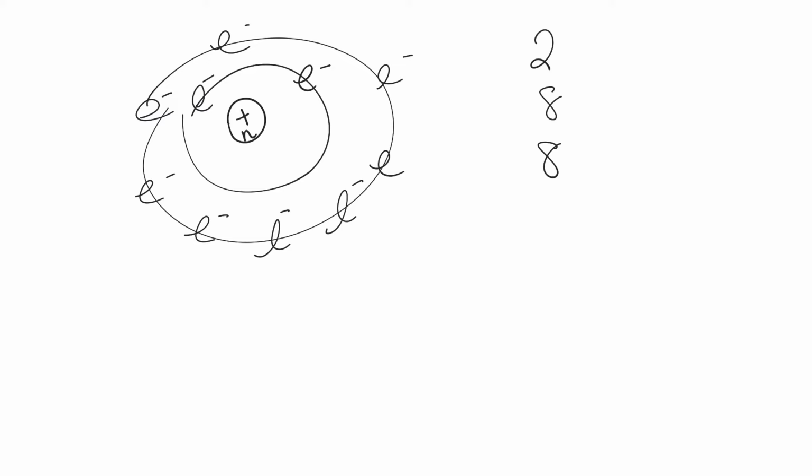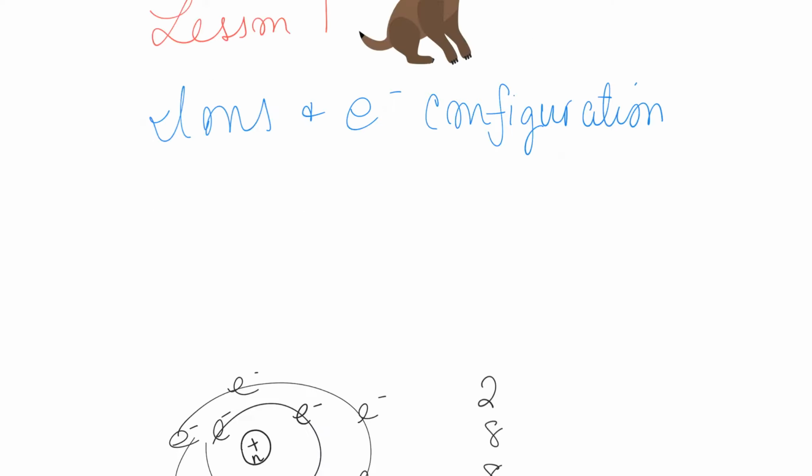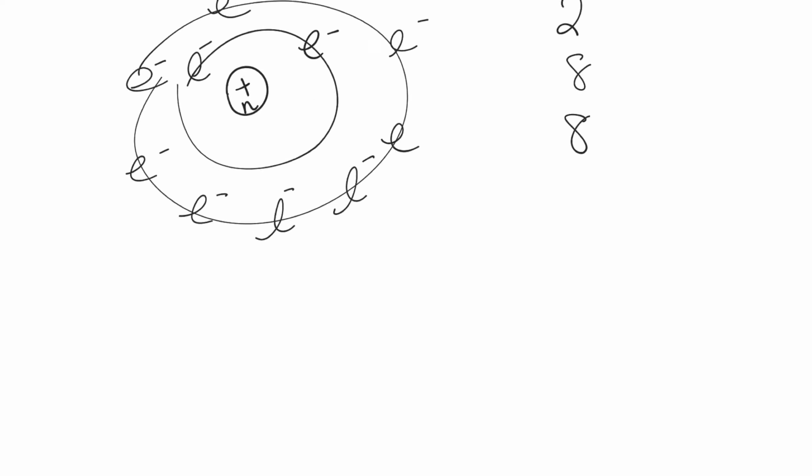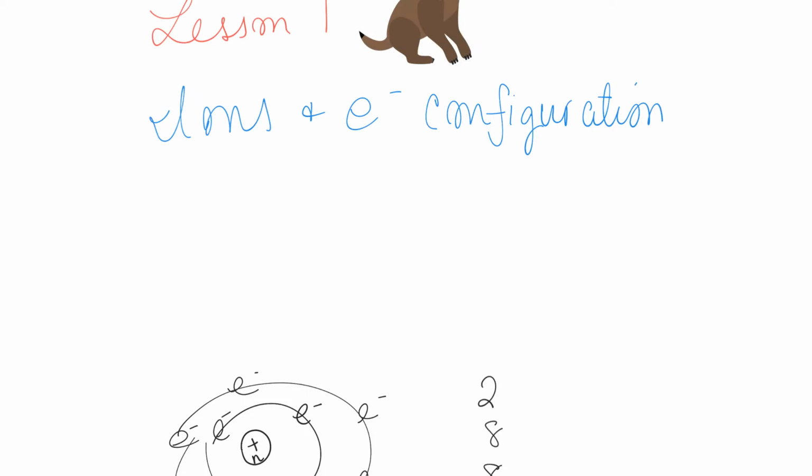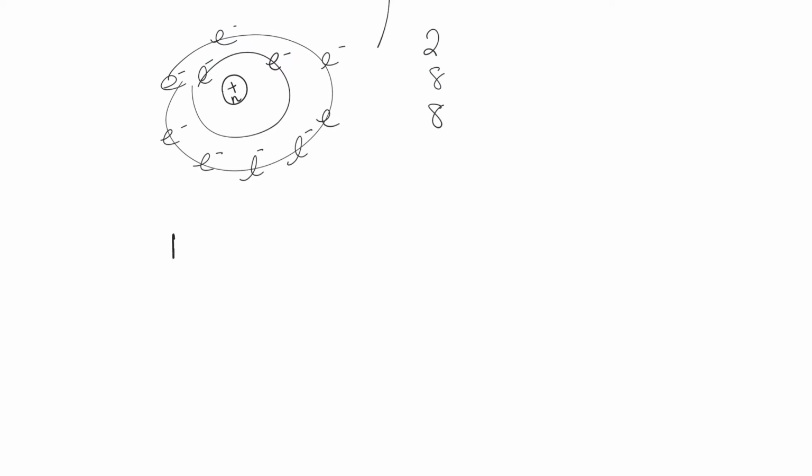So if you're asked what the ion for magnesium is, it's going to look like something like this. What is happening here? Okay, so if we have magnesium and we want to know about magnesium's ion, the first thing we're going to ask ourselves is, what is magnesium's atomic number?